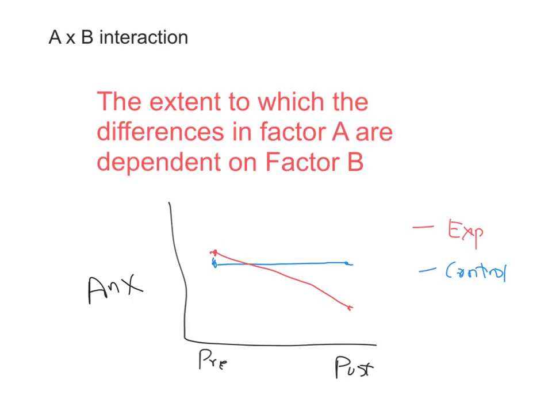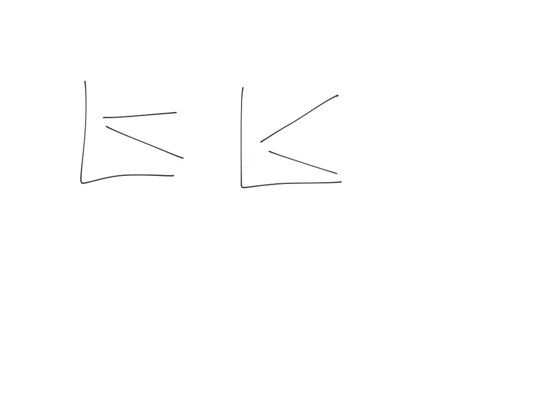So we have a couple of different options in that situation. What we had there was something that looked like this. We could have an interaction that looks like this. We could have an interaction going the other way.